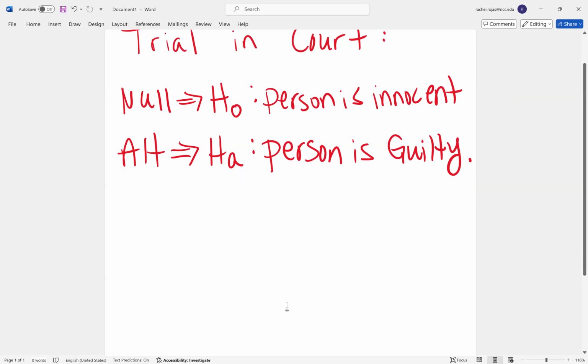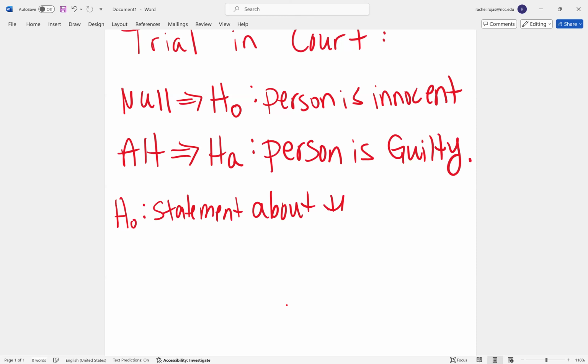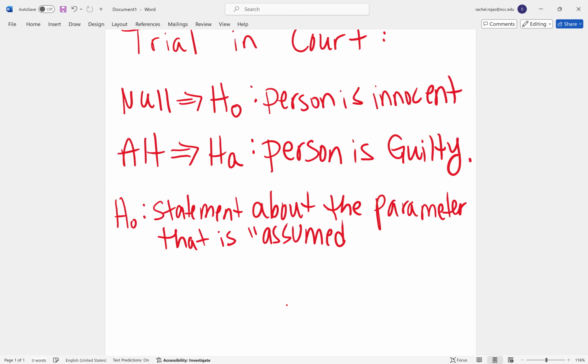So think of the null hypothesis as the statement that's believed to be true. And in statistics, we're testing a parameter. So it's the statement about the parameter that is assumed. We'll use the word assumed to be true.